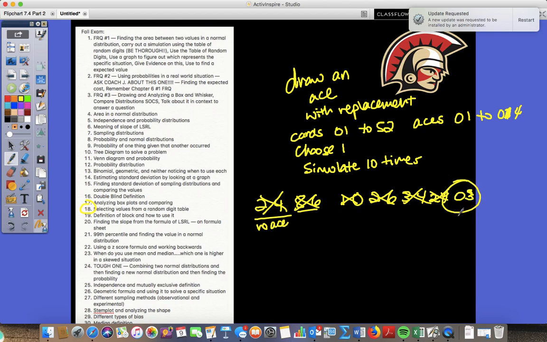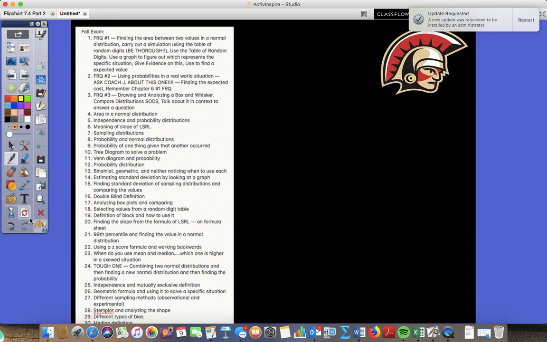That would be an ace, right? But notice that in this one, because it's with replacement, any repeats we would not ignore because each one is separate. So make sure you notice the difference between one that has replacement, which is an independent event, compared to one without replacement, which would be a dependent event. And just notice the difference as you're simulating on the random digit table.